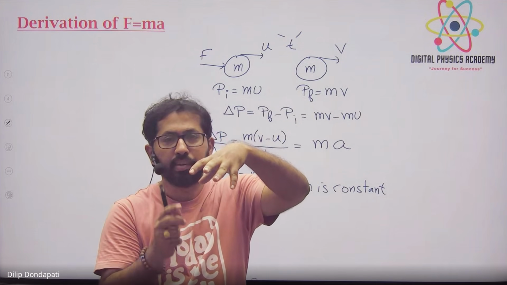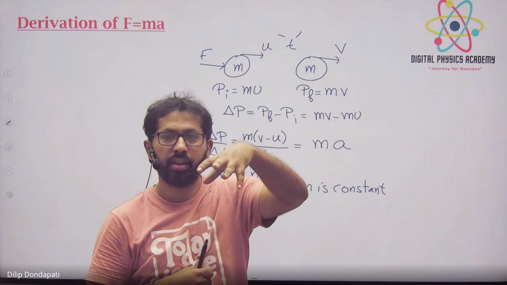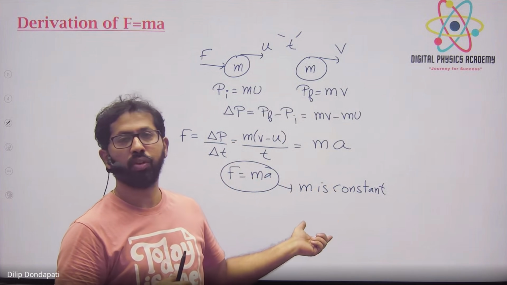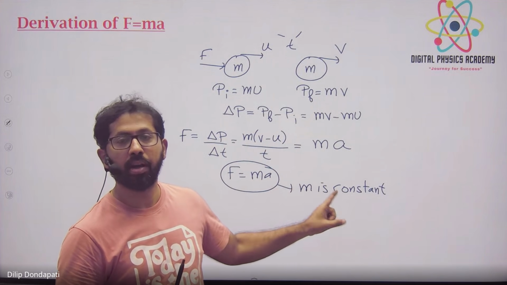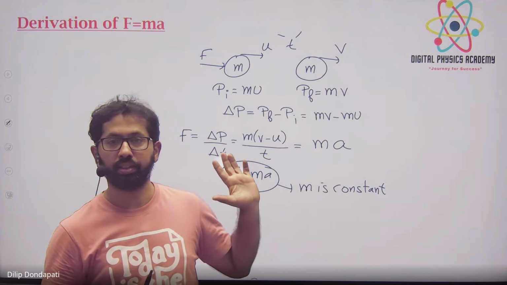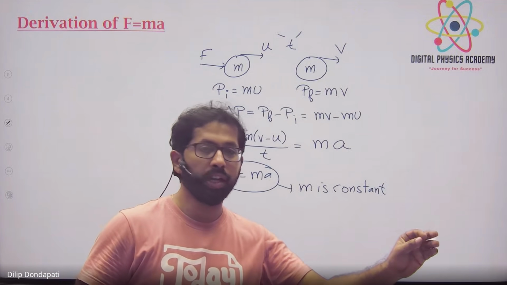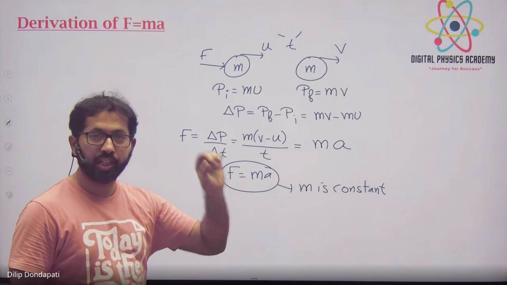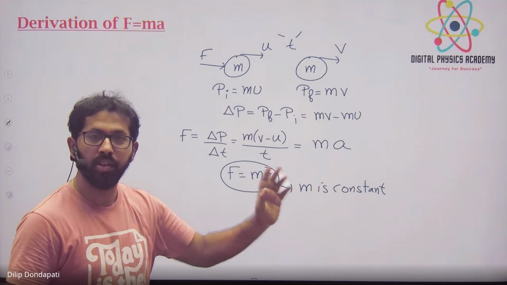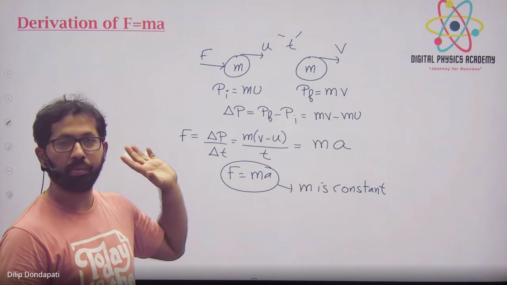The mass is changing in that case. At that time we can't use F equal to ma, we have to use delta p by delta t. Only when mass is constant we use F equal to ma. If the mass is varying every second in the question, we can't use this one. We have to use delta p by delta t.